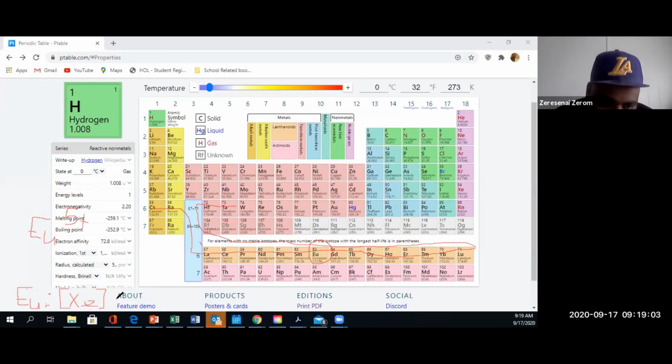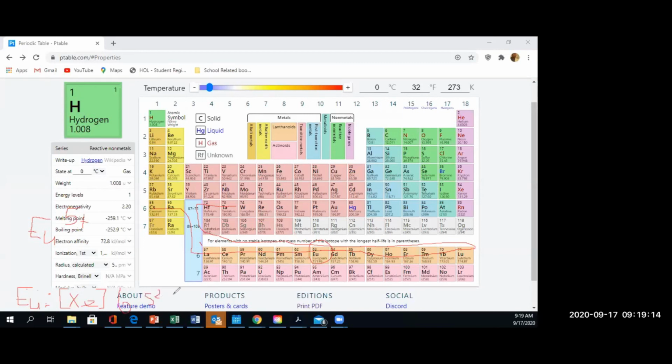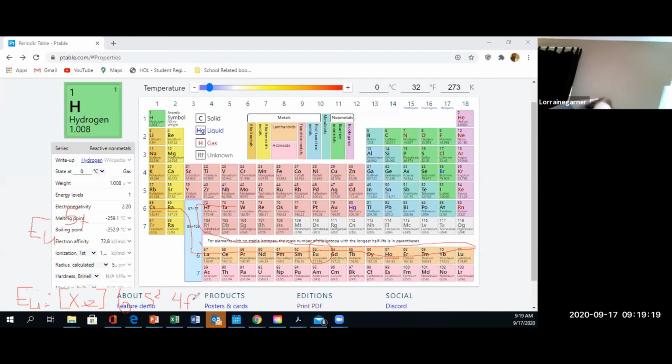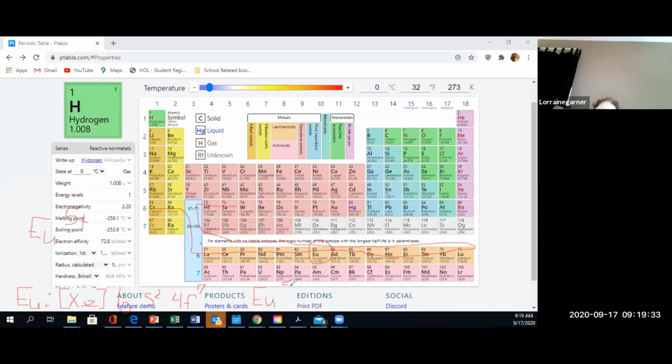Okay. So we have Xe 6s2, and then 4f7. That's what we needed. Okay. So if we're doing europium 5+, now we need to take away 5. So would that be 4f?